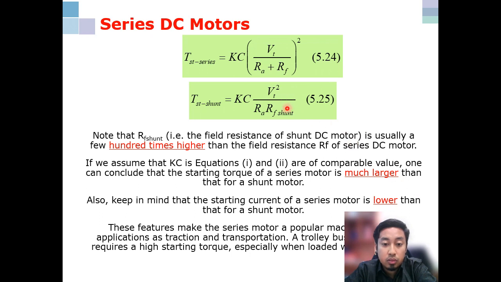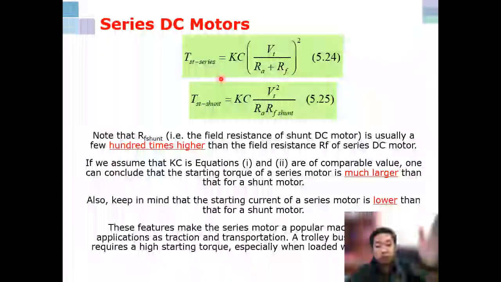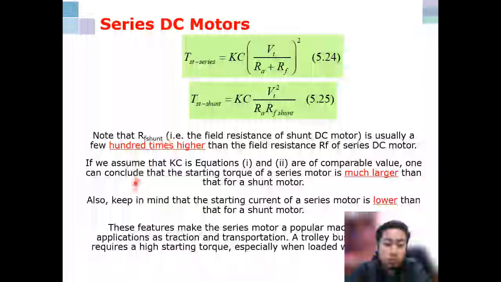According to this, you can see the difference in the starting torque for the series and shunt motors. I want all of you to try to make a separate table for the series, shunt, and separately excited, and see the comparison, the difference of the equations.